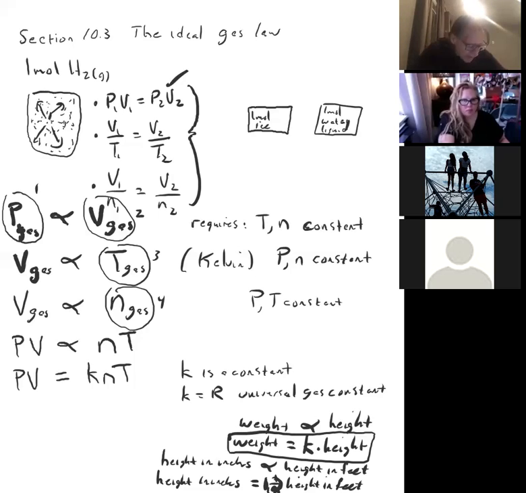So typically the symbol that we use in this relationship is R, not K, but R. K can be used, but it's in a specific context. So you may see it in textbooks, but R is the one we're going to use. And for some reason, I don't know why, it's historical, instead of putting the R in the front, they put it in between the N and the T. Not sure why.